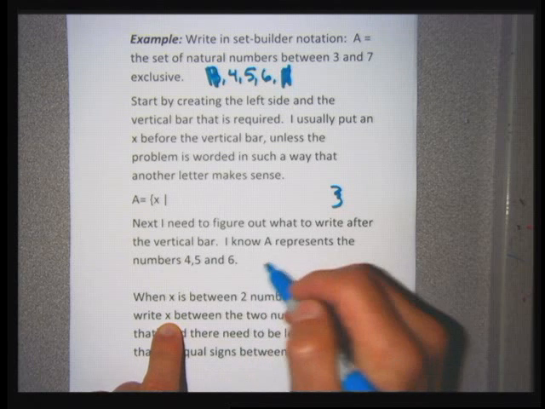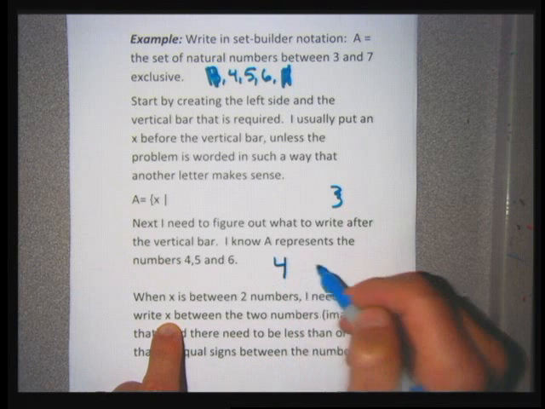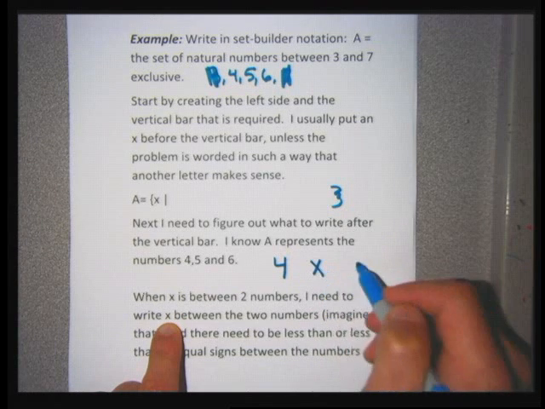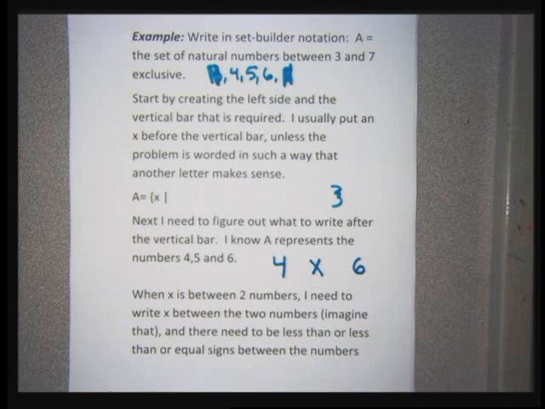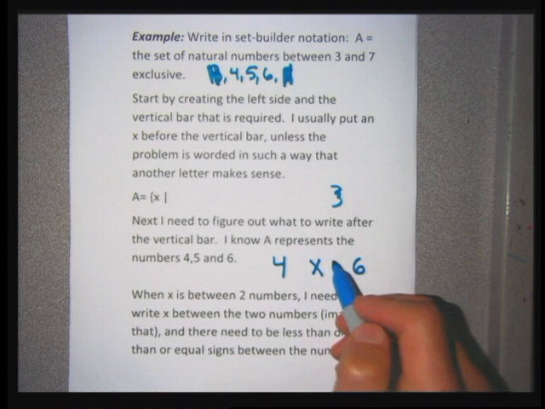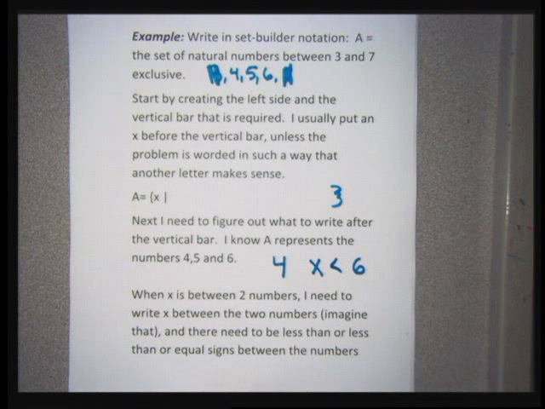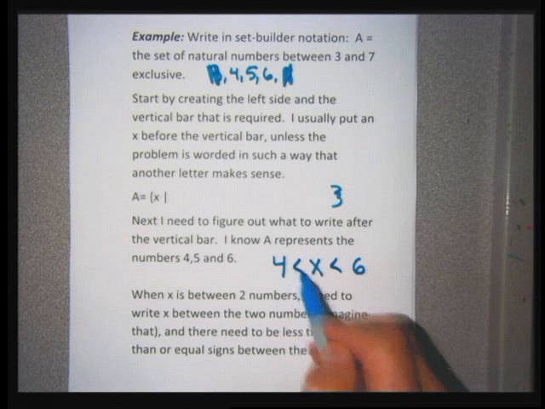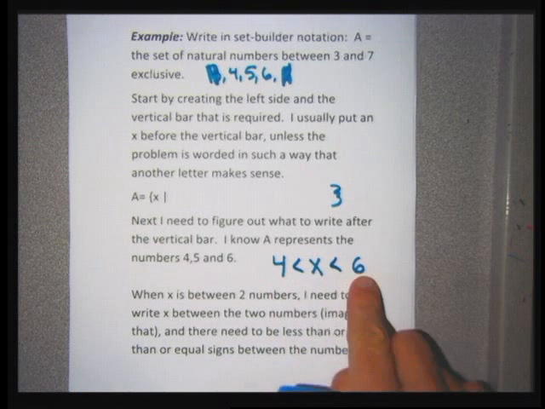So in my word description or in my set builder notation, I'm going to have x between the 4 and the 6, because x is between 4 and 6. And anytime I put a variable between two numbers, if mathematically I want to say the number that the letter represents is between those two numbers, you put less than signs. This right here would say x is less than 6, and this would say 4 is less than x. So it says 4 is less than x and x is less than 6.